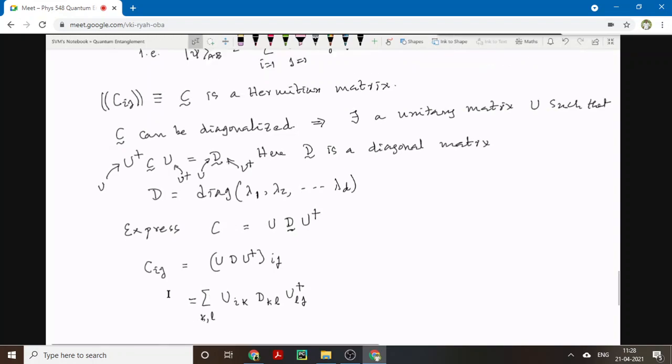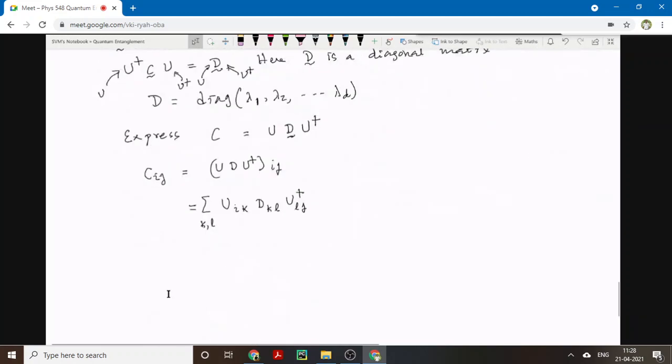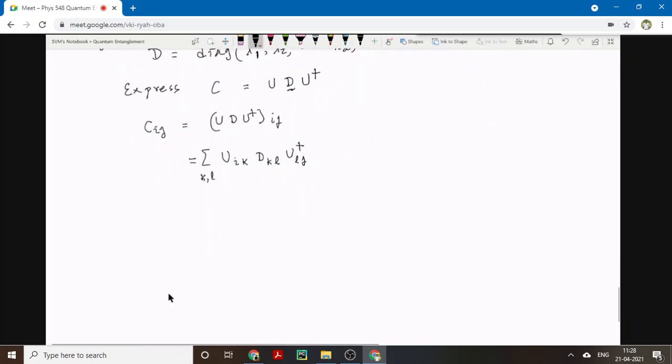So now I go back to equation 1, which I have rewritten here, and substitute this in psi AB. If I substitute this in psi AB, what will I get?